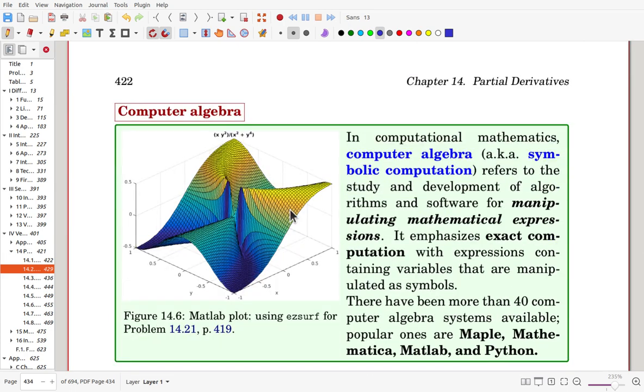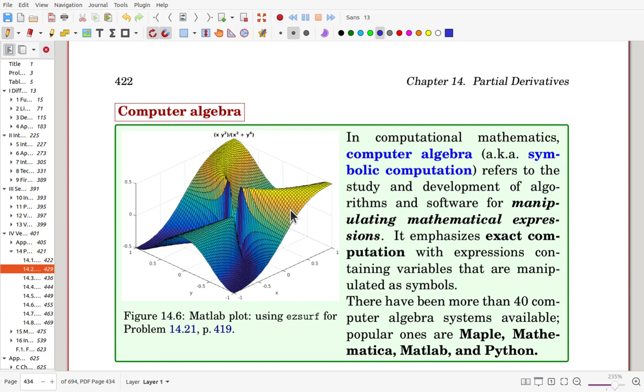Okay, here we deal a little bit with computer algebra. When you are solving homework problems, for some problems you have to use computer algebra. Computer algebra refers to the study and development of algorithms and software for manipulating mathematical expressions.